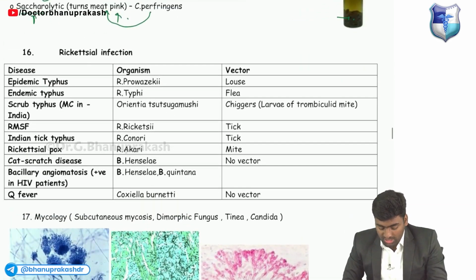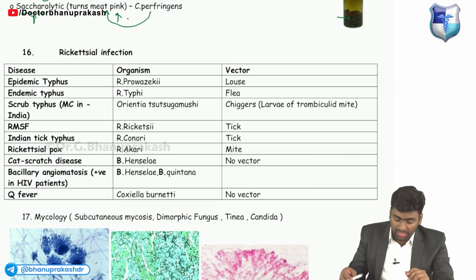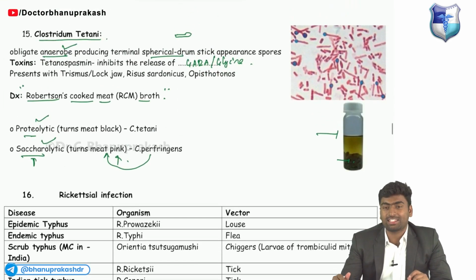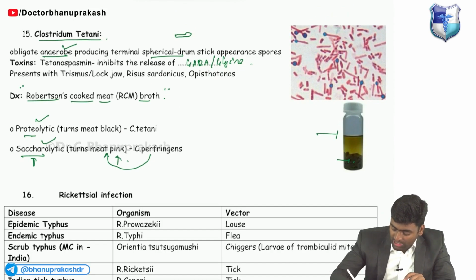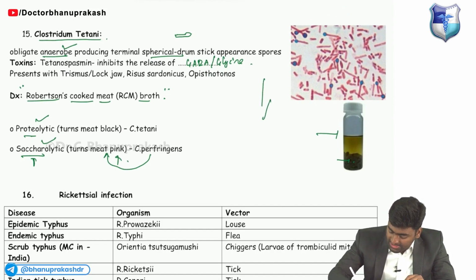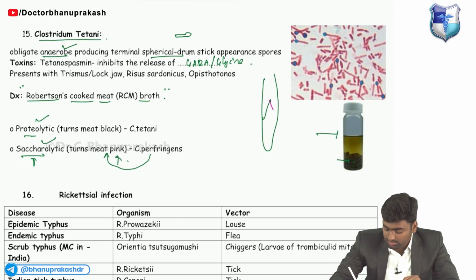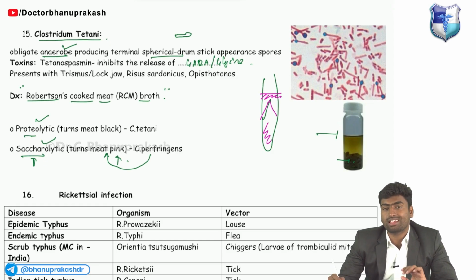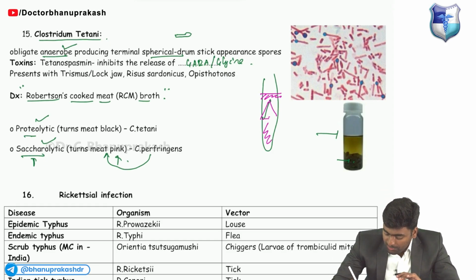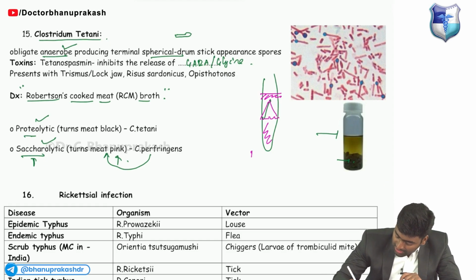And with this, we'll move on to the rickettsial infection. In a case of tetanus, you will see a fir tree appearance because it is an anaerobic bacillus. So if you see this gelatin stab, this is the gelatin, and the organism which is anaerobic will grow more on the basal side, so it will produce a pear tree appearance.